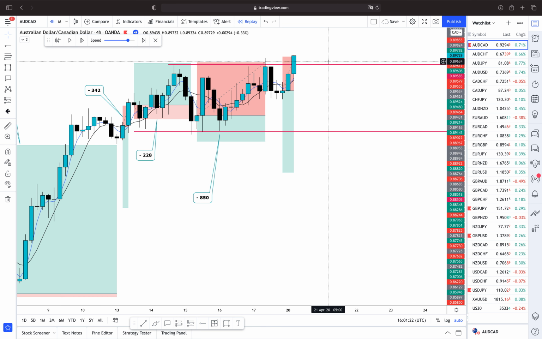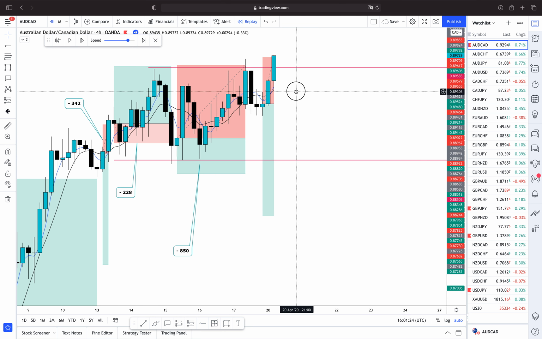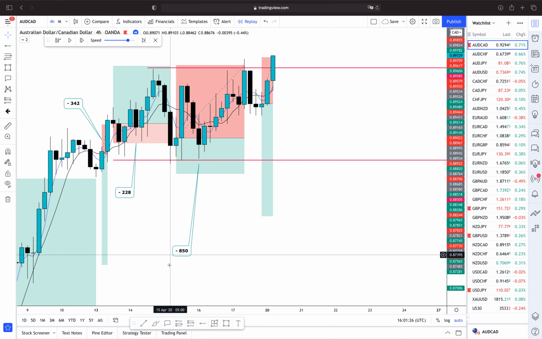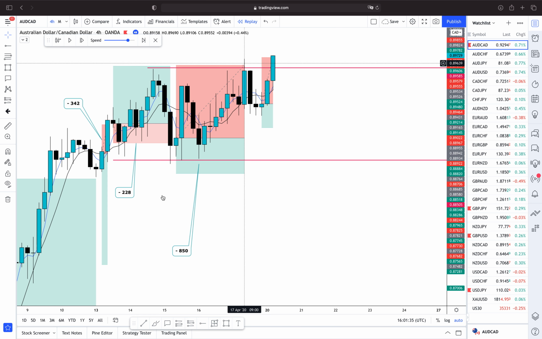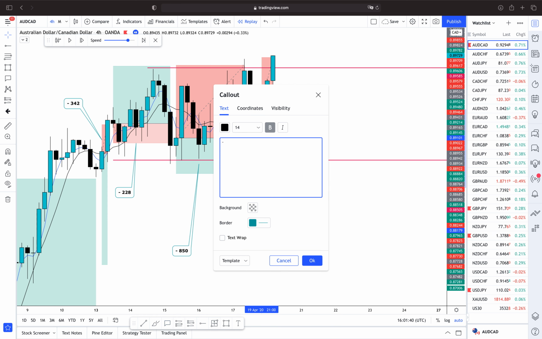Until it breaks it impulsively, I just won't take any trade. Until then I'll just stay quiet. Before I move on, I'll just record this loss of 54 pips, minus 544.